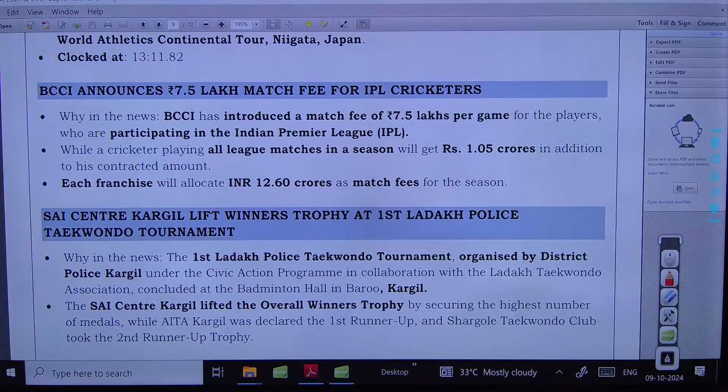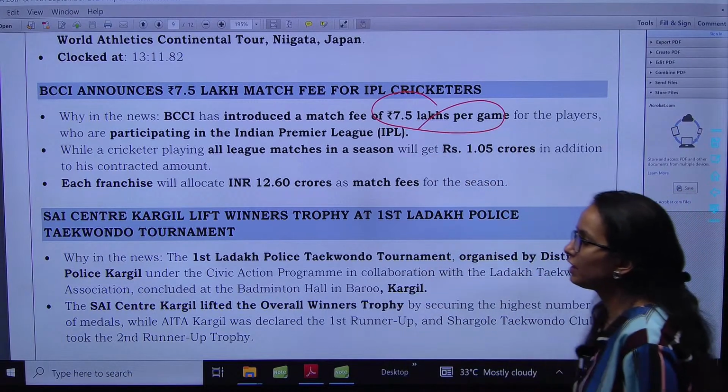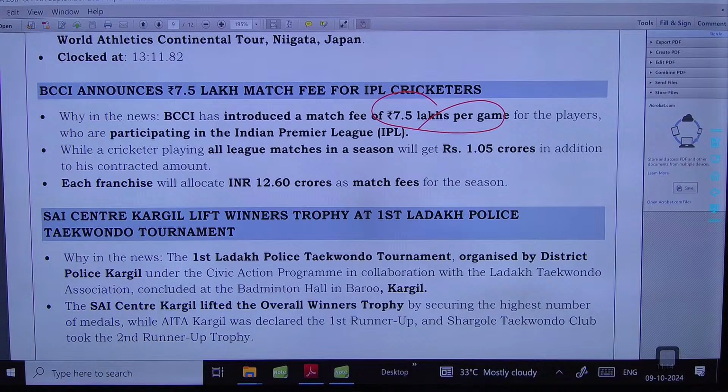Then BCCI has introduced a match fee of 7.5 lakh per game for the players participating in the IPL. So all the players participating in the IPL, per player, there's a match fee of 7.5 lakh. Also, a cricketer playing all league matches in a season will get rupees 1.05 crores in addition to his contracted amount.